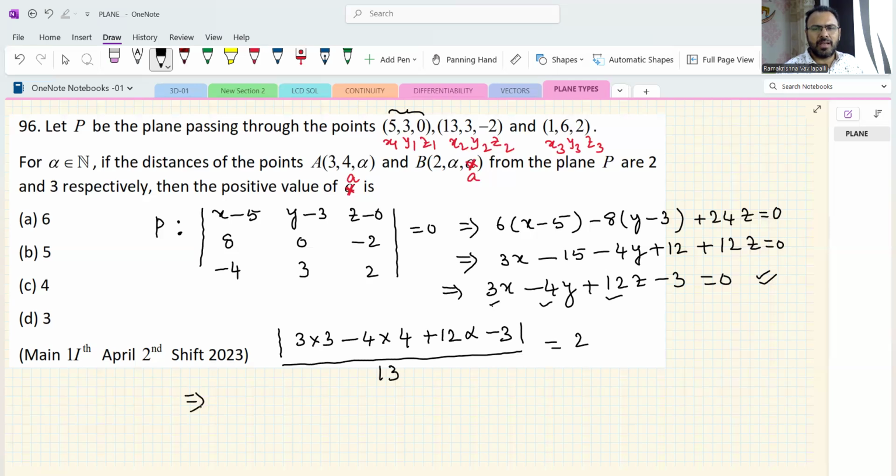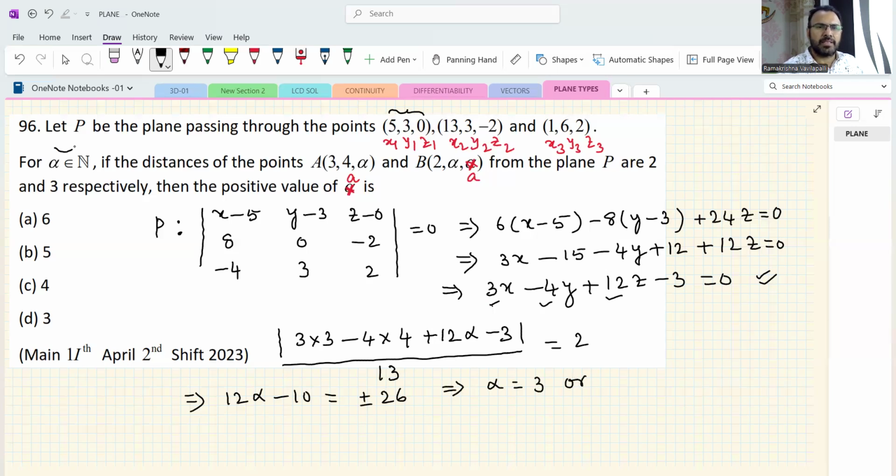So we got that 12 alpha, right? This is minus 16, minus 3, minus 19. This is plus 9. So minus 10 is equal to, on the right side I can write plus or minus 26. So either alpha equal to 3 or something else you will get.